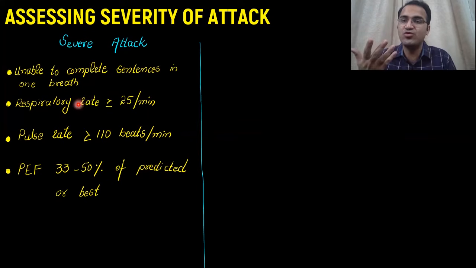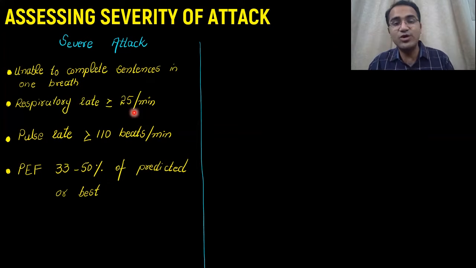The patient will be unable to talk, taking pauses while completing a sentence. Respiratory rate will be greater than or equal to 25 per minute, pulse rate greater than or equal to 110 beats per minute, and peak expiratory flow rate 33 to 50% of predicted or best. So this is a patient having a severe acute attack.